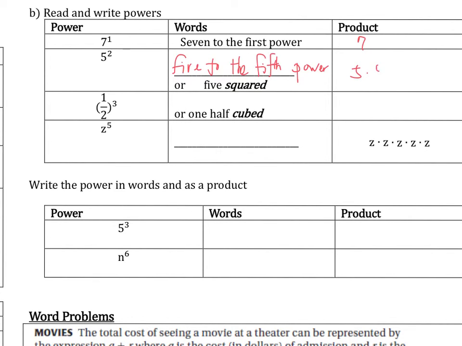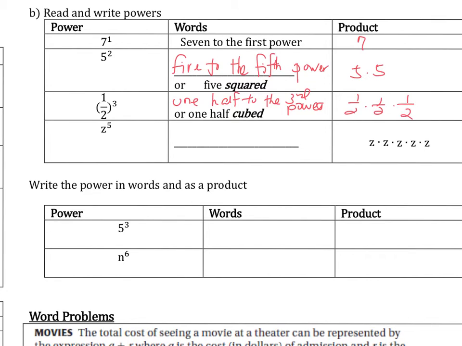Product will be 5 times 5, and so on. And the next one will be 1/2 to the 3rd power, or another way to say it is 1/2 cubed. So half times half times half.